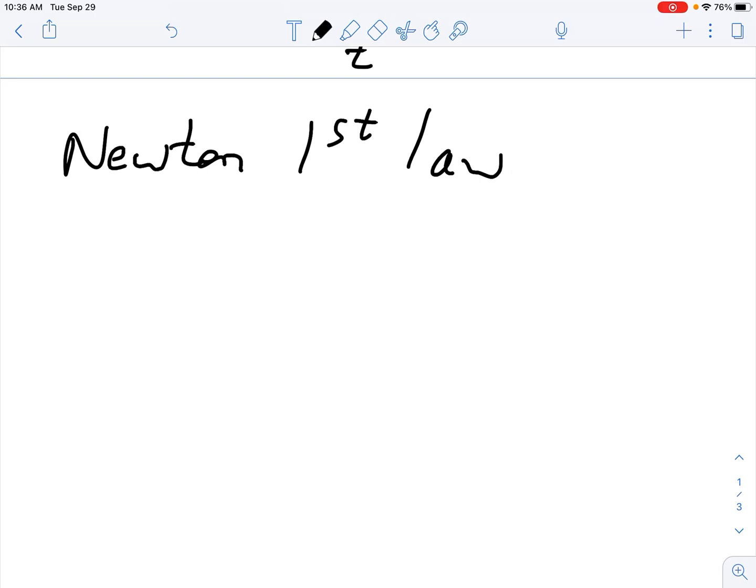An object at rest wants to stay at rest. An object in motion wants to stay in motion at constant velocity. In other words, Newton's first law is saying that things don't want to accelerate.